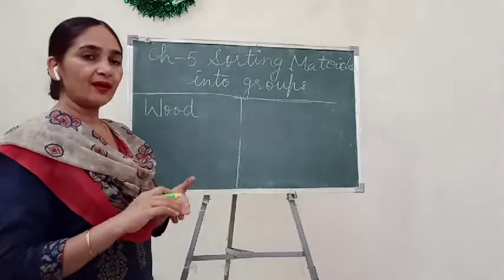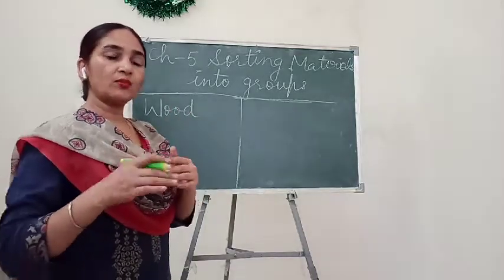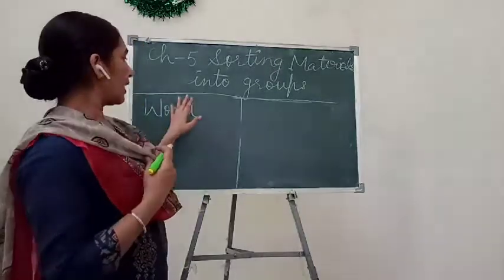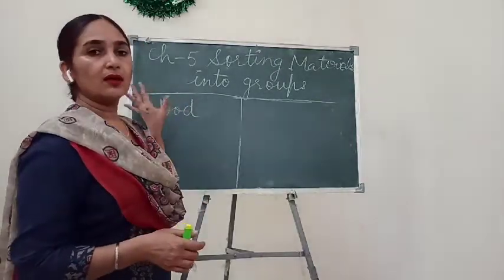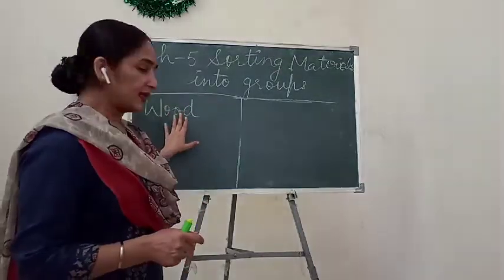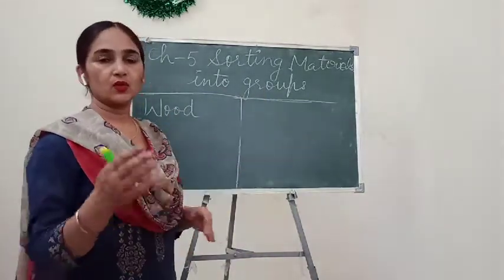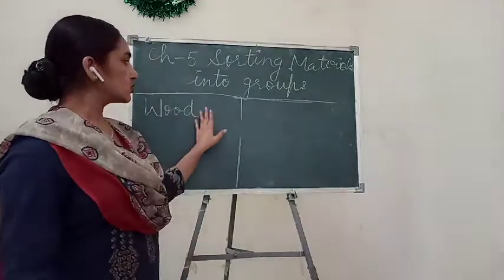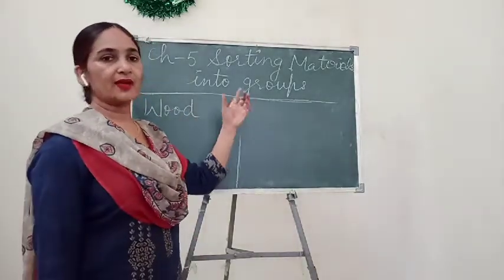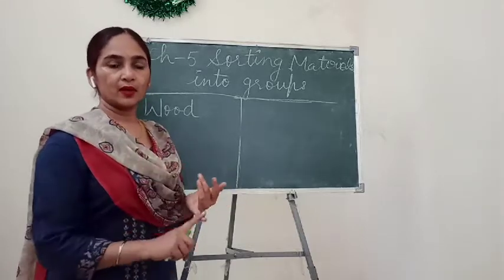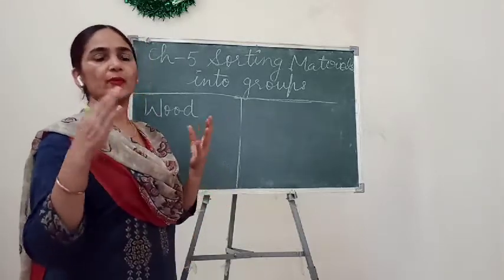Previously, what we said is that one object is made from so many materials, more than one material. But here I am talking about a material used to make many things. You know that wood can be used to make building material. We can make a chair from the wood, a table, or your cupboard, or so many things.